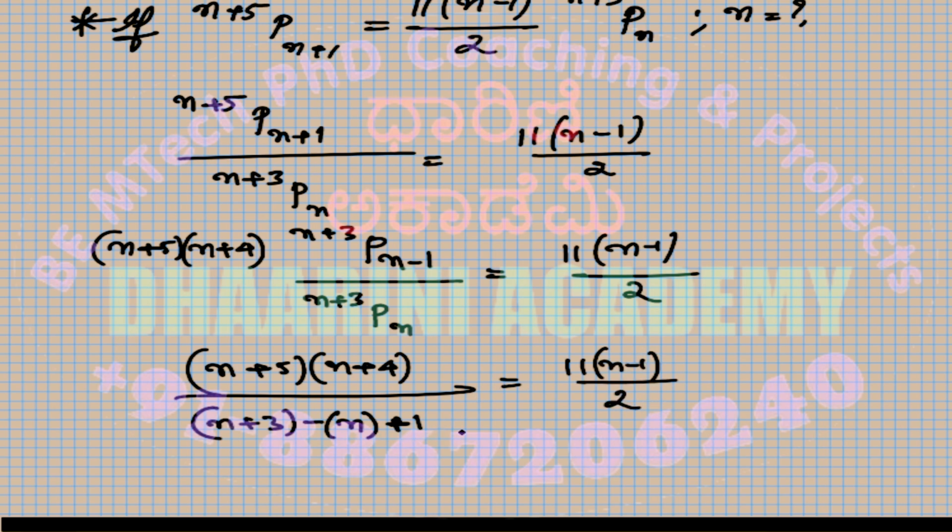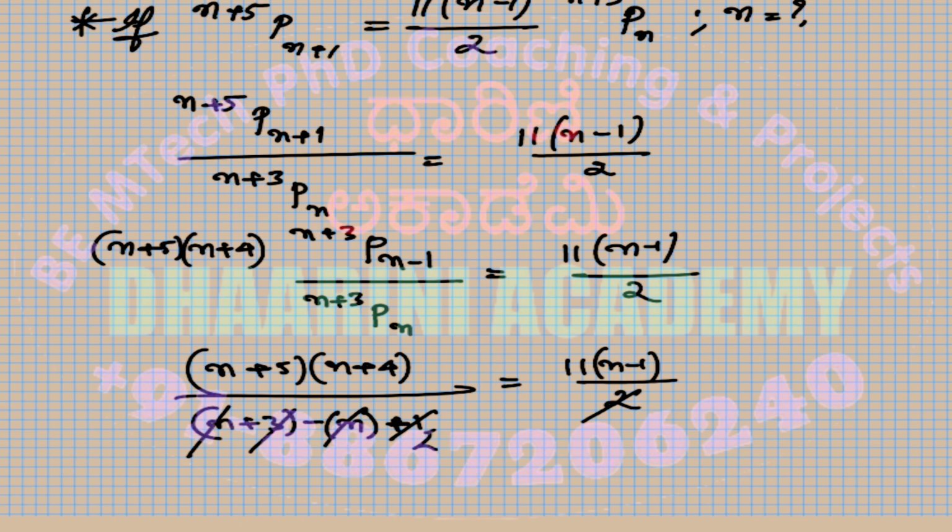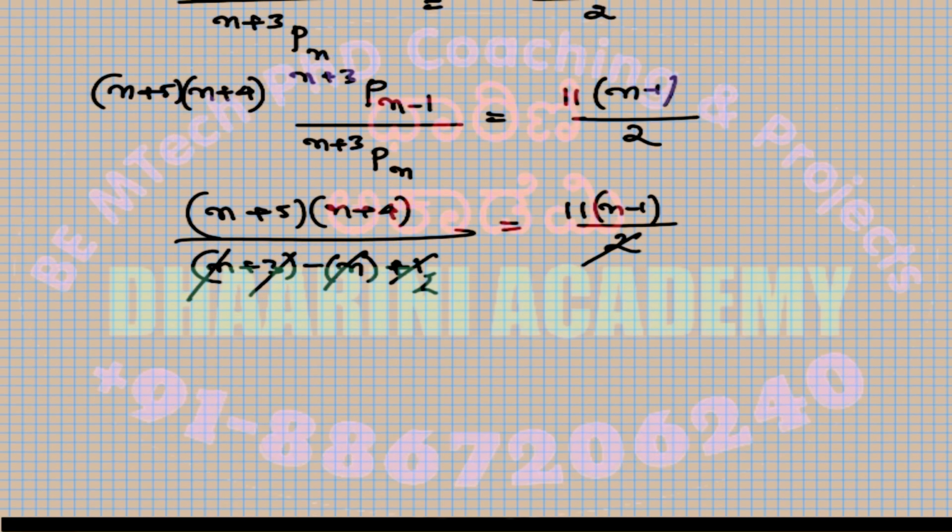Okay, I think we can simplify this directly now. So n minus n cancels. So 3 minus 3 plus 1 is 4. So this 4 cancels with the 2, and this 2 goes to the other side as 22. Okay, so 11 is already there, so you have a 22 coming up.